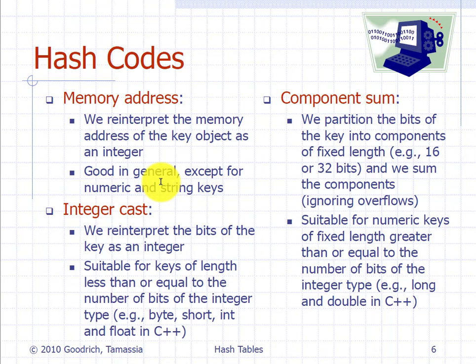There's another way of doing it. You could reinterpret the bits of the key as an integer. So perhaps you can decompose the key somehow, maybe breaking it up by the tens and thousands and units and so on, as an integer cast. That's what we'll be doing for the most part in this course. We'll just say, okay, we're not going to have a hash code, because the value 66 will be interpreted as the value 66.